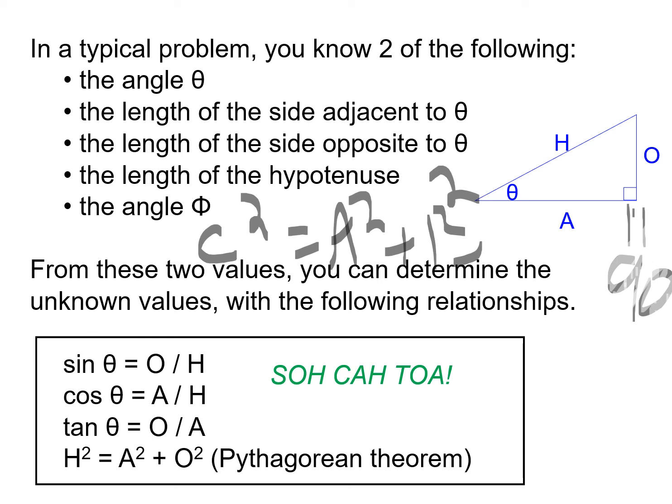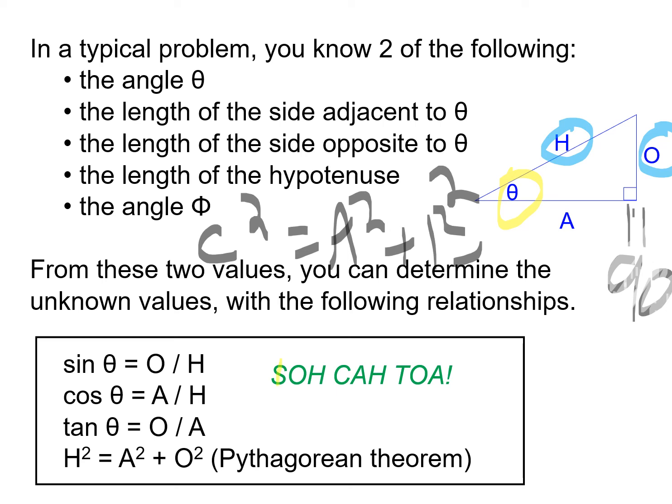So this angle right here, we know the sine of this angle is equal to the ratio of the opposite length of the triangle over the hypotenuse. So if you think sine, think SOH.